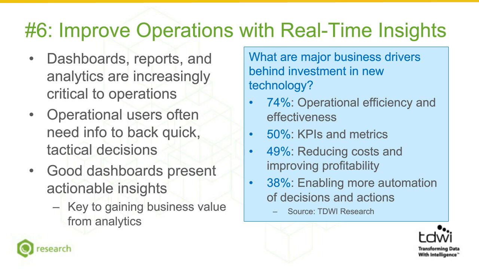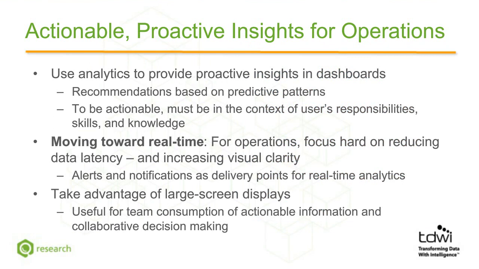So the system needs to come together to use analytics effectively to provide those proactive insights in dashboards, recommendations based on predictive patterns, again, reducing some of the distance between the analytics being developed in the organization and the use of dashboards and KPIs. Make it actionable to use visualization effectively, to put that visualization in the context of the user's responsibilities, their skills, their knowledge, thinking about what the user is really going to be doing with the information.